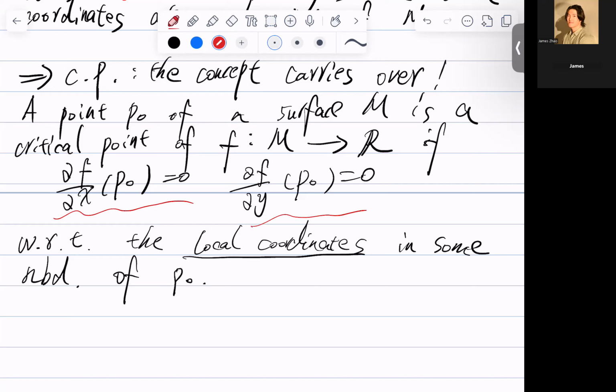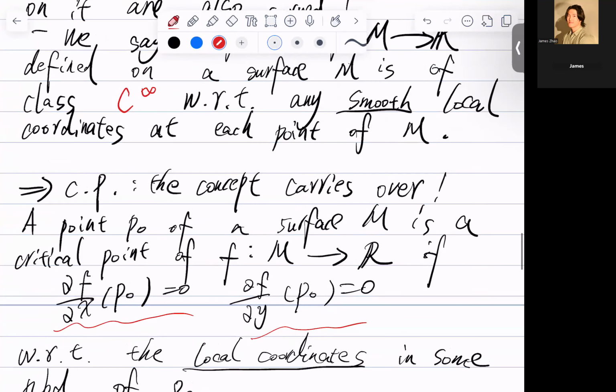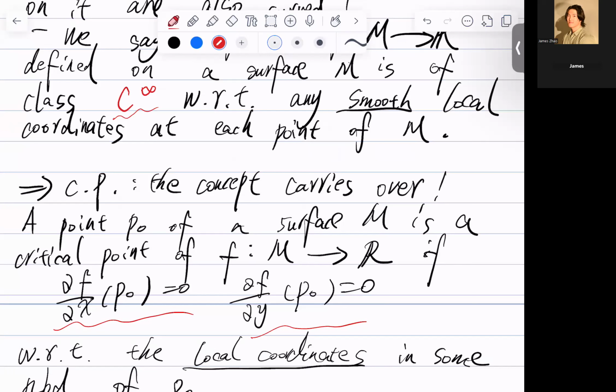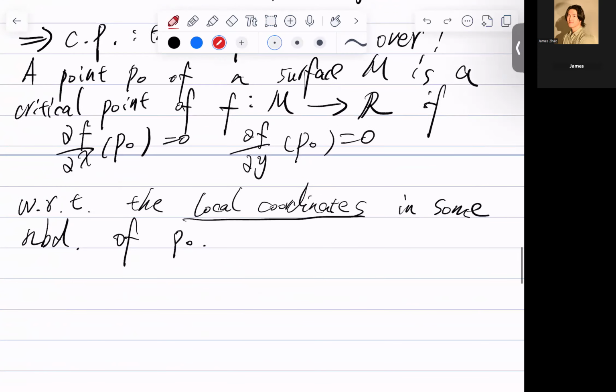With our cusp, our little corner example, we can't take a derivative at that point because we don't have the C infinity property, and we don't want that in our definition of critical point. Also, this just comes up naturally.